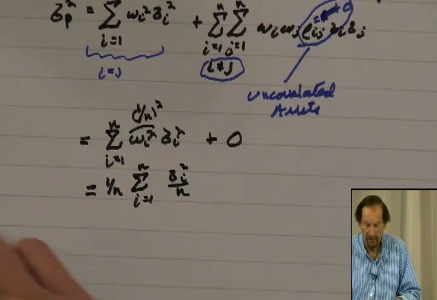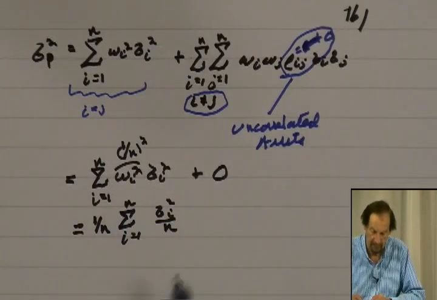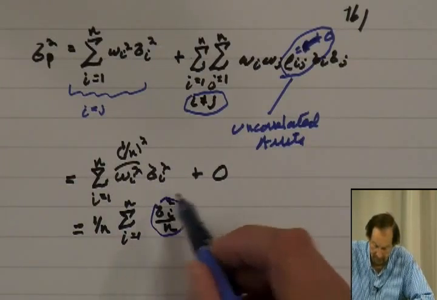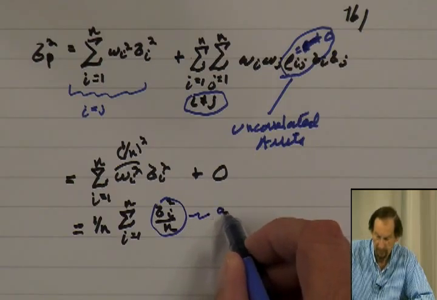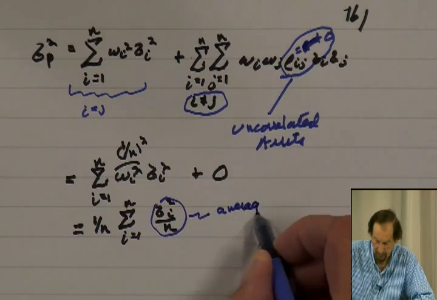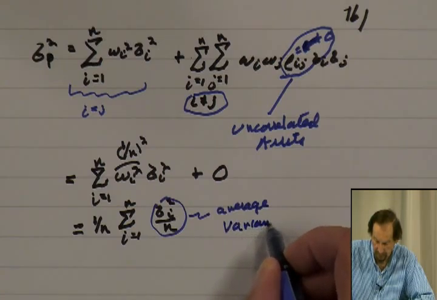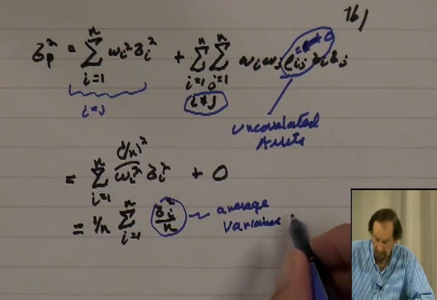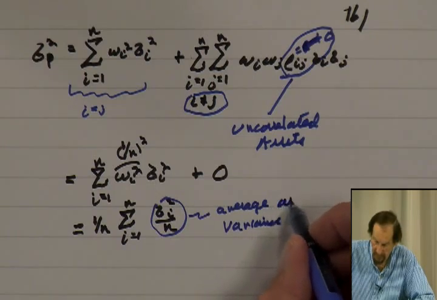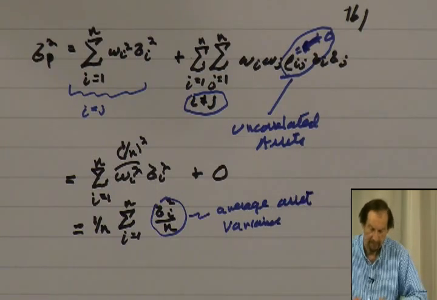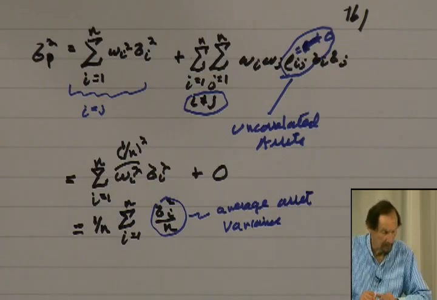Now sigma_i squared over n is what? This is just the average variance, or mean variance. And we'll call it average asset variance here.